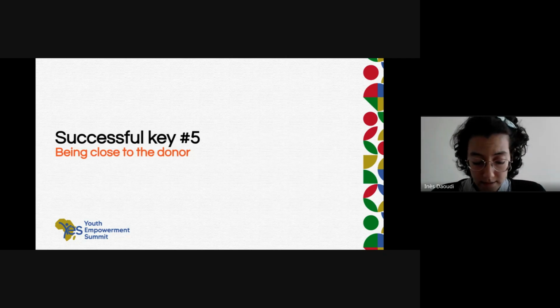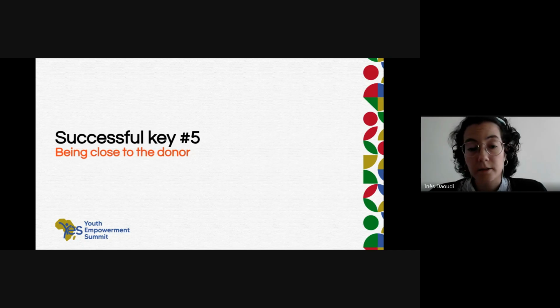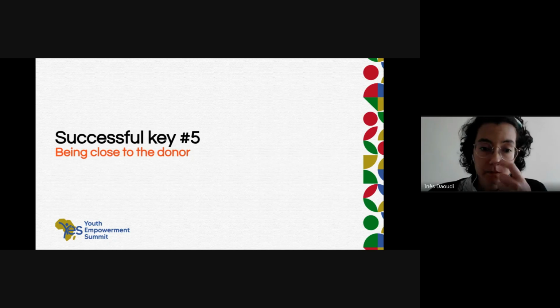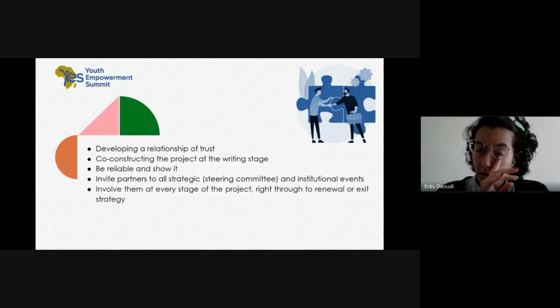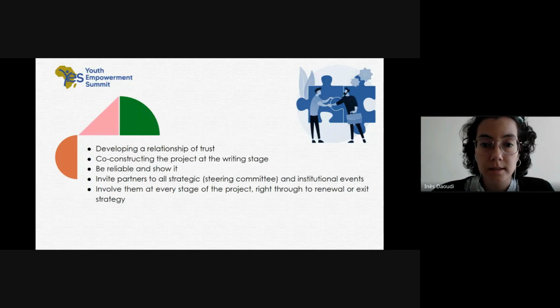Because a trust-based relationship can significantly increase the chances of securing funding to facilitate the project implementation and to ensure its long-term sustainability, and also to expect a renewal and new funds. So it is very important to keep this in mind. So let me tell you a bit more about the importance of co-constructing the project.